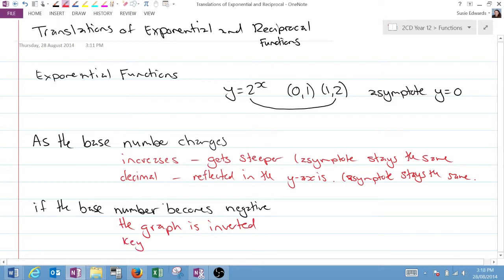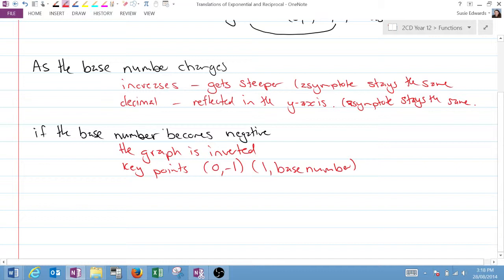Key points are 0, negative 1, and then 1 and still the base number, so the same as before. The asymptote is still at the same point, so it's y equals 0, same space.